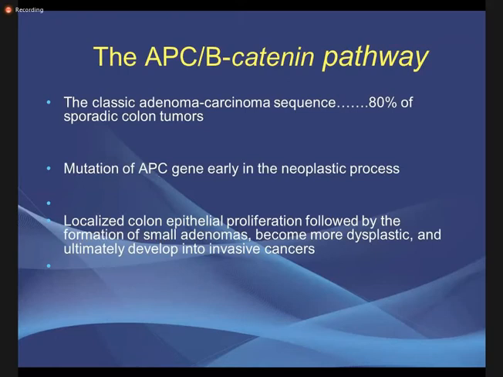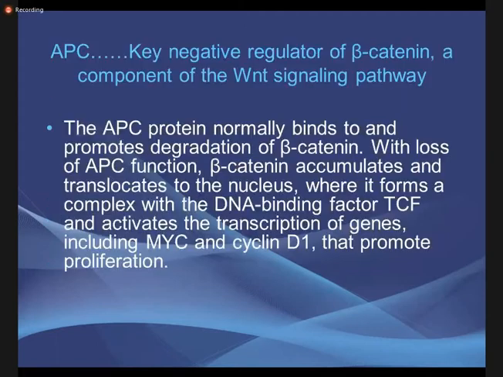These are the microscopic features of dysplasia. So in the APC-beta catenin pathway, there is a sequence. First of all, there will be formation of adenomas. Then these adenomas will progress towards invasive carcinoma.